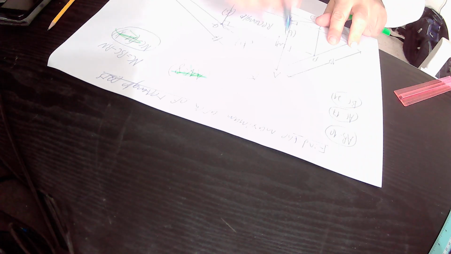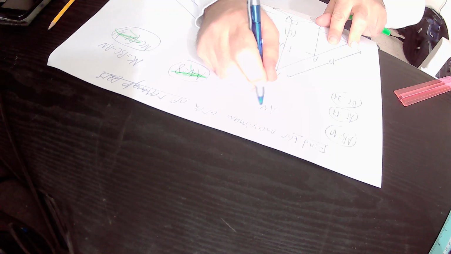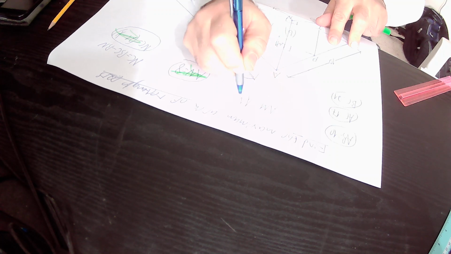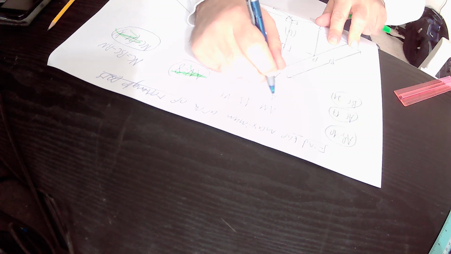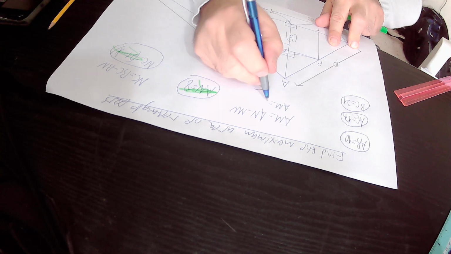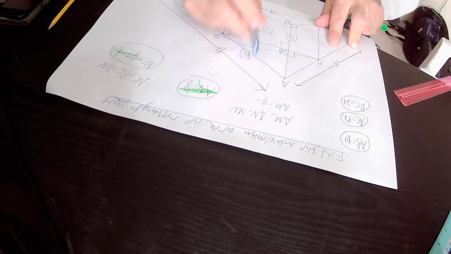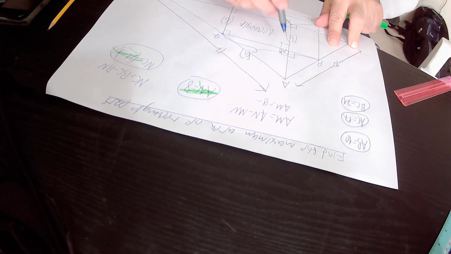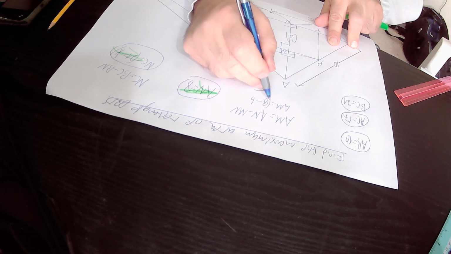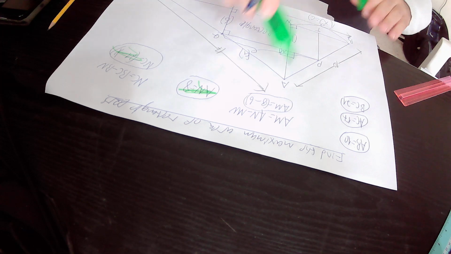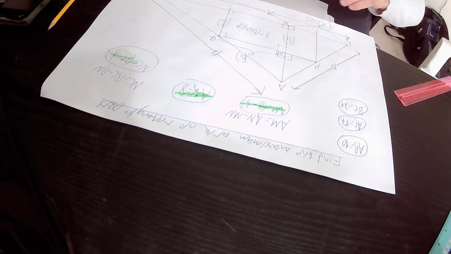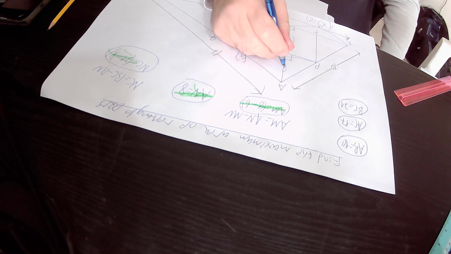So write it down: AM equals AN, that is 8, minus MN, and we just write down further that MN equals B. So in total, AM equals 8 minus B. AM equals 8 minus B in its length.